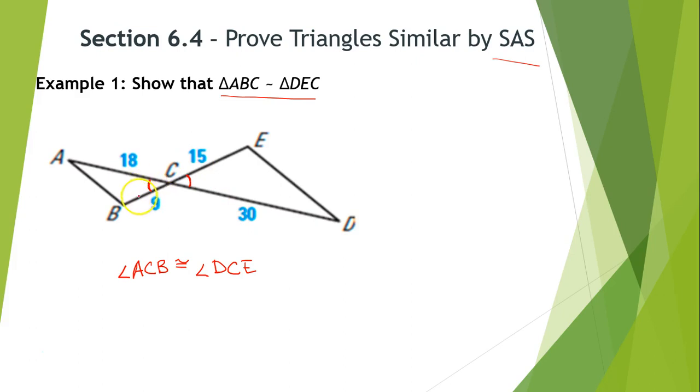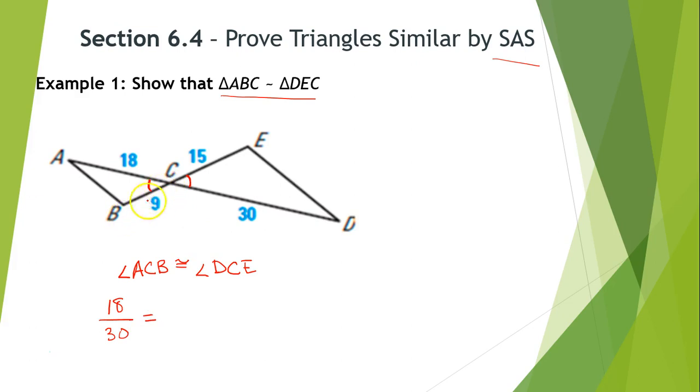Now let's show that the corresponding sides are proportional to each other. So on this triangle, this side is longer than this one, so let's set it up like that. The 18 over 30, those are the corresponding sides in those two triangles.